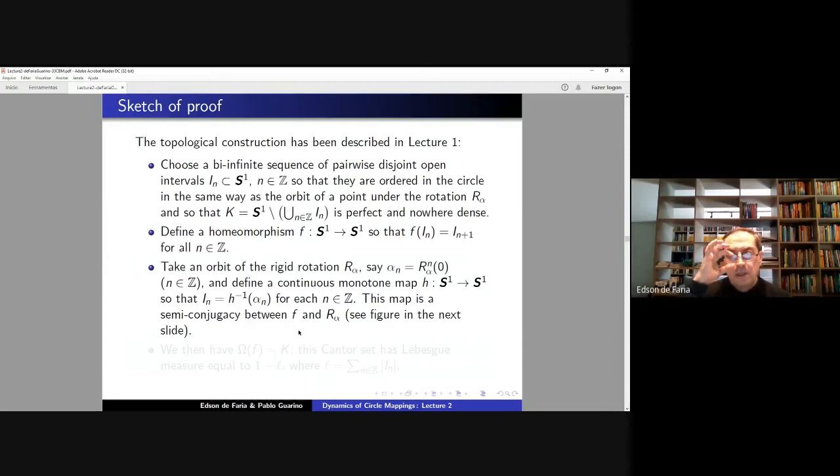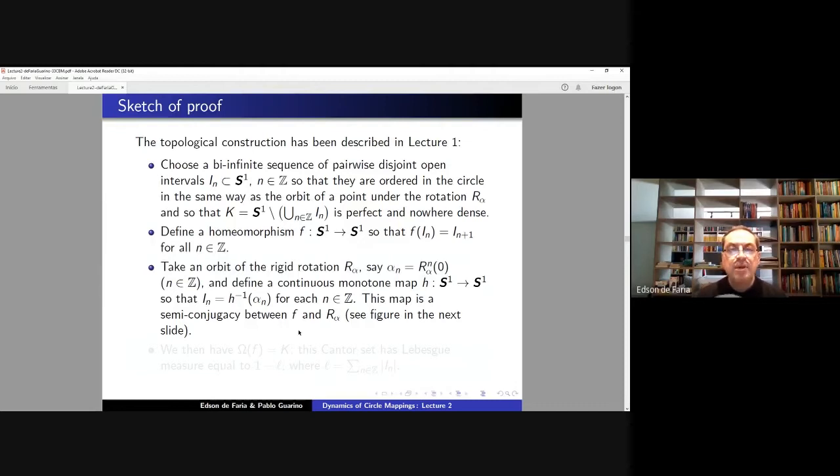Okay, and 0 here represents the equivalence class of 0 under this quotient R mod Z. Okay, so you look at this orbit, and then you define a monotone function of the circle to itself. What you do is, for each alpha n, you look at the preimage of this guy, you specify that the preimage of this guy is equal to the interval I sub n.